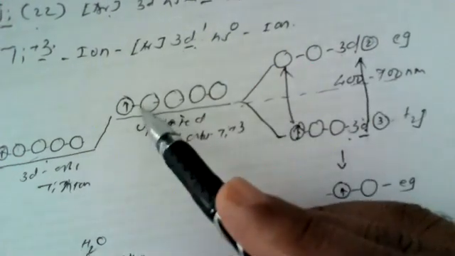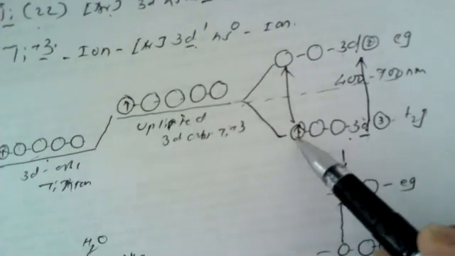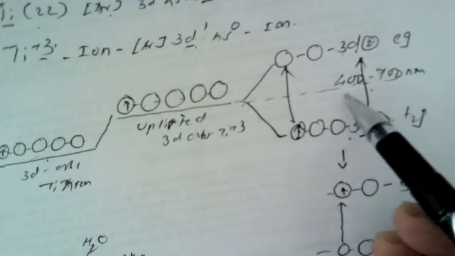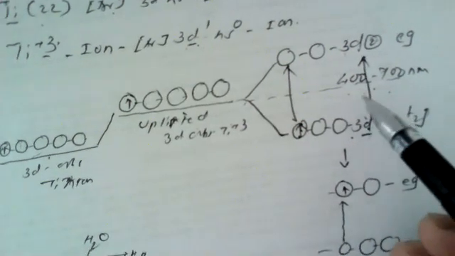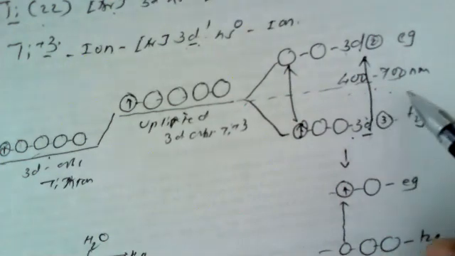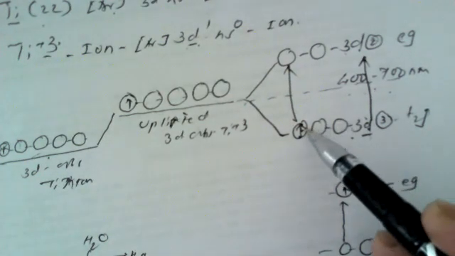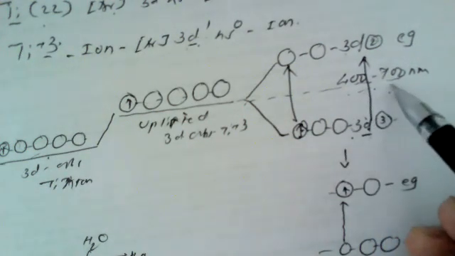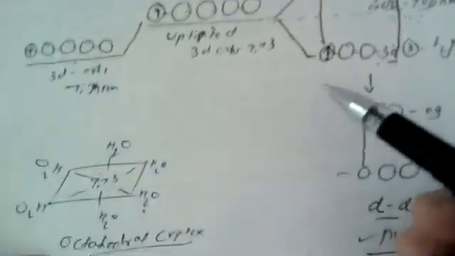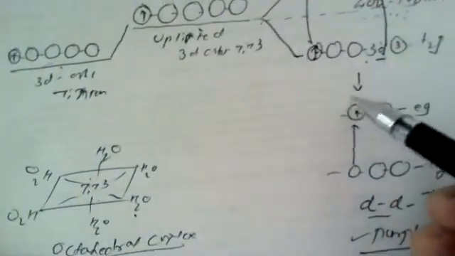The single electron present now absorbs energy from visible light radiation, which ranges from 400 to 700 nanometers. For the jumping of this electron, a very small amount of energy is required, and it is received from this region, and this electron easily jumps within the energy level.